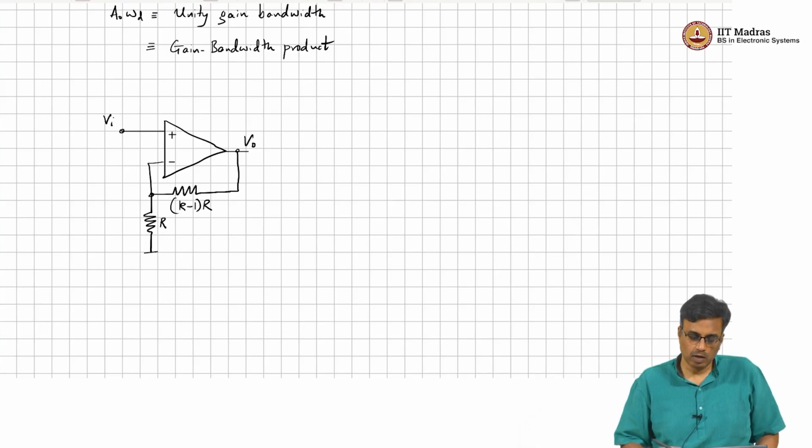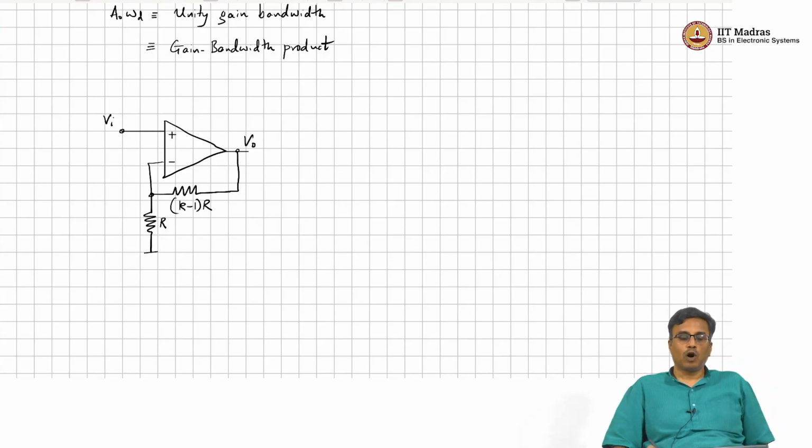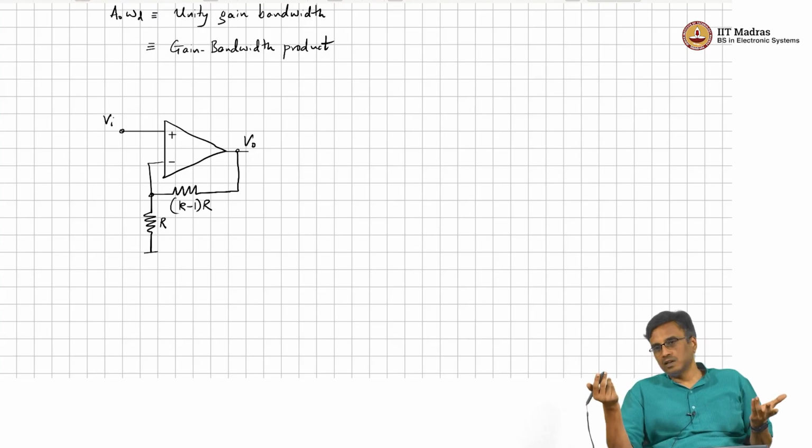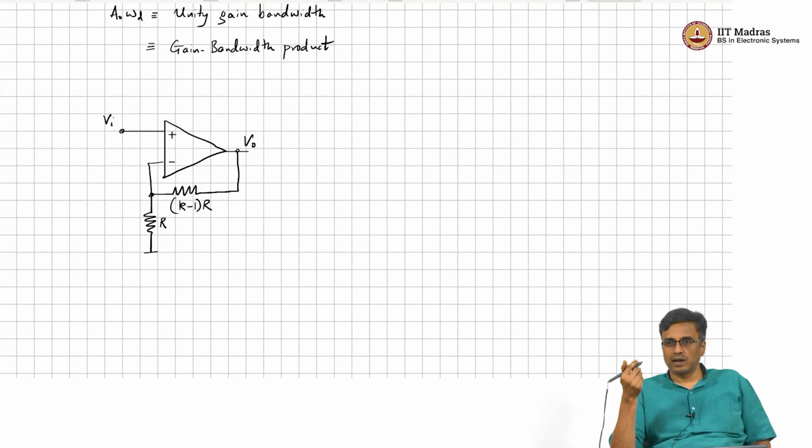Okay, so now if the opamp was infinitely fast, then V naught by Vi would have been exactly k, right, which also indicates that because the open loop amplifier is infinitely fast, it just so turns out that the closed loop one is also infinitely fast, right.